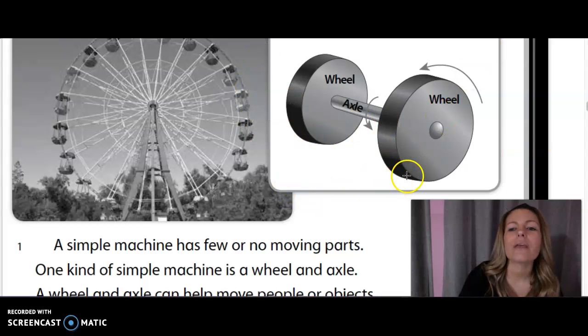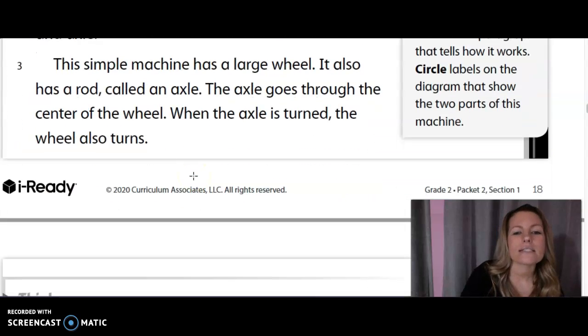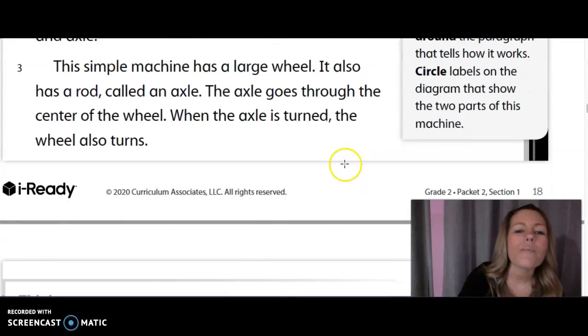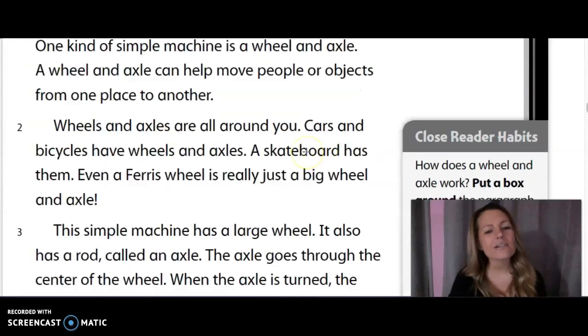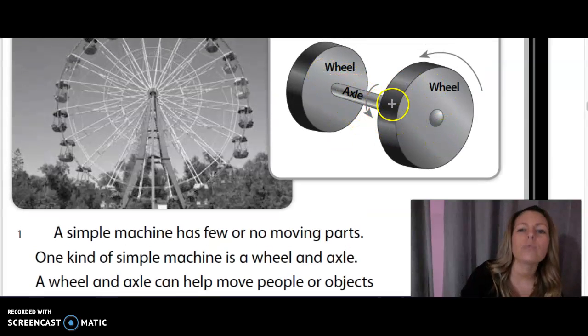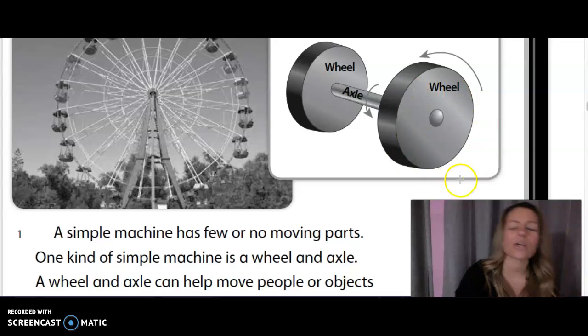In the text, it says an axle goes through the center of the wheel. So here's the axle. You can see it's going through the center of the wheel. It says that when the axle is turned, so when this axle in the middle is turned, the wheel also turns. So they turn together.